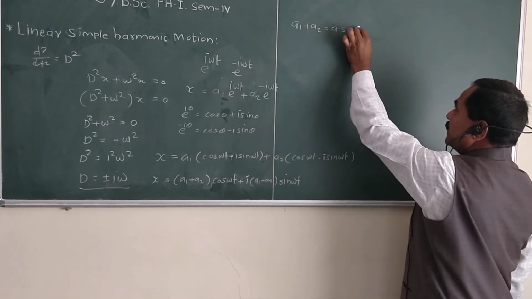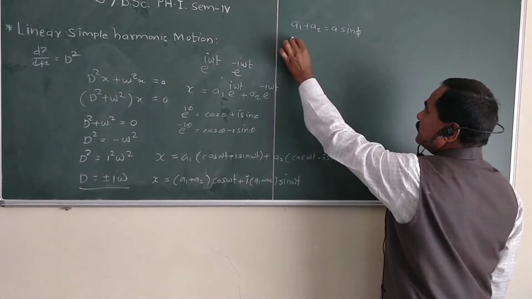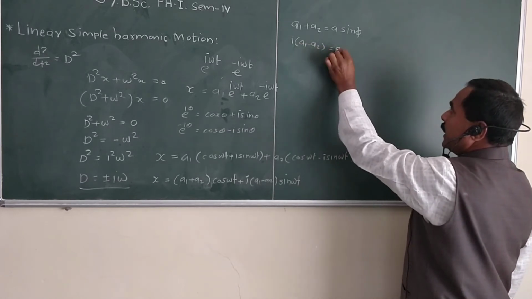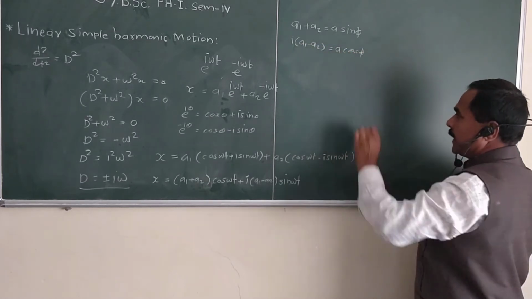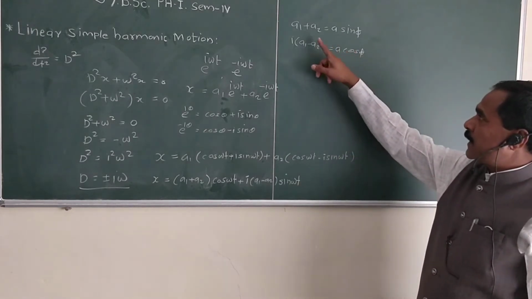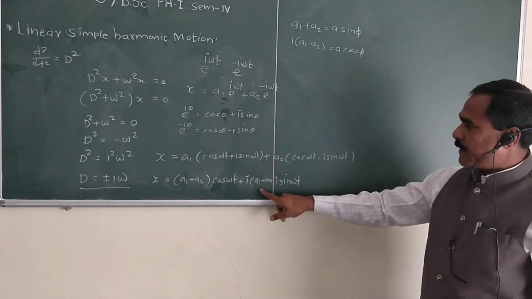Here we put a1 plus a2 equal to A sin phi. Okay? And i times (a1 minus a2) equal to A cos phi. Okay? So we substitute a1 plus a2 and i times (a1 minus a2) in this equation.